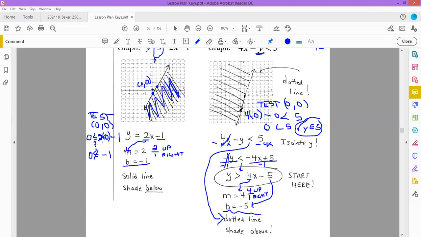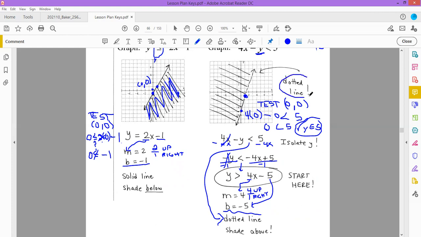So here on our coordinate plane, we're going to shift down on the y-axis 1, 2, 3, 4, 5, -5 right here. Plot the point. And then we're going to move up 4 spaces, to the right 1, and plot the second point. So up 4, 1, 2, 3, 4, right 1, plot the second point right here in the fourth quadrant. And then we'll connect these points using a dotted line.